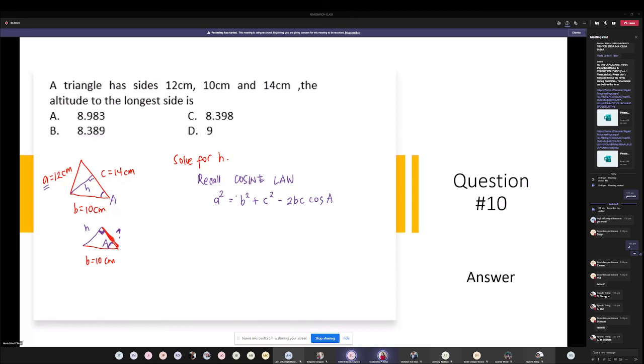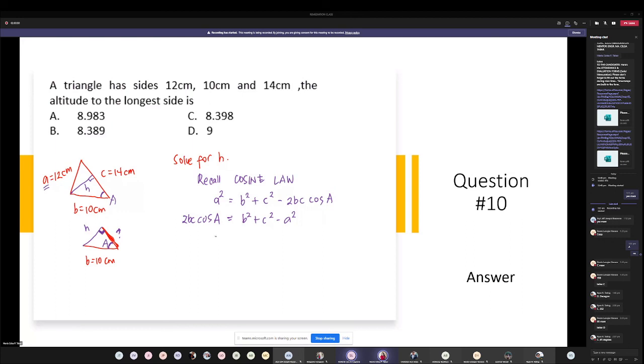So you can just do arithmetic or algebra to solve for the angle. So just arrange first, okay, solve for A. We can transfer the minus 2bc cosine A to the left side of the equation. It becomes positive 2bc times cosine A. And then put the A squared to the right side. So it's B squared plus C squared minus A squared.